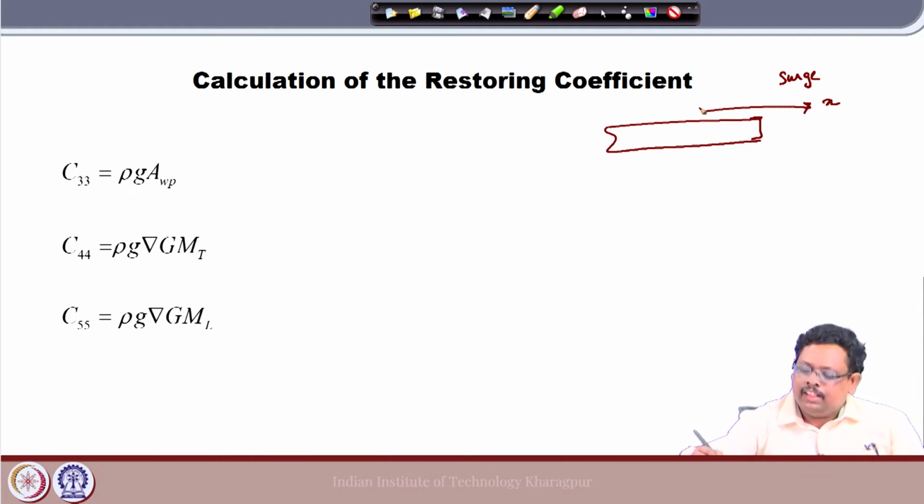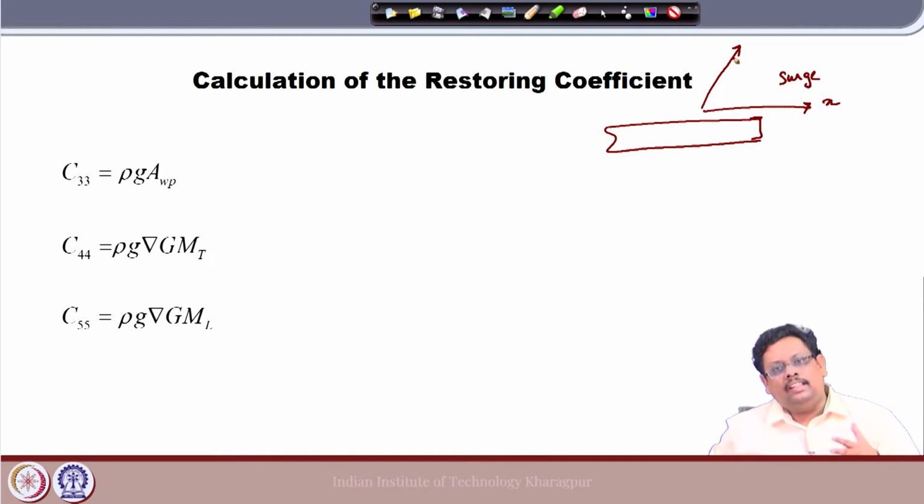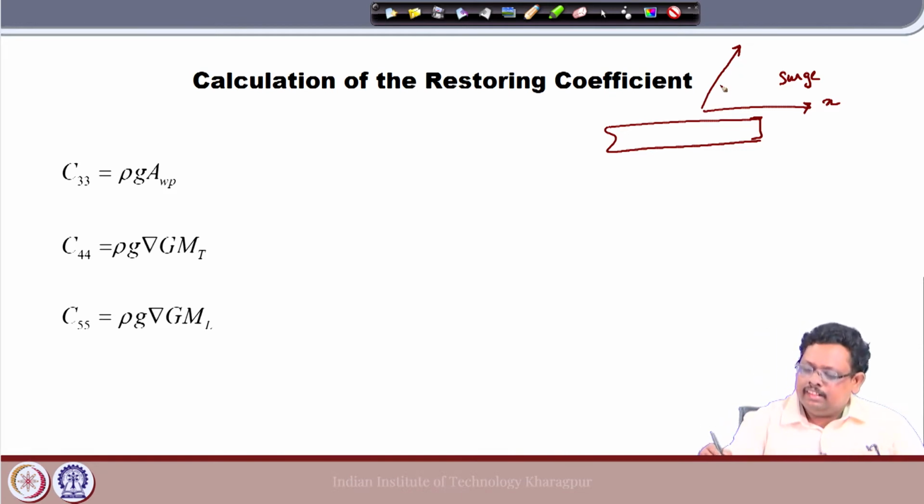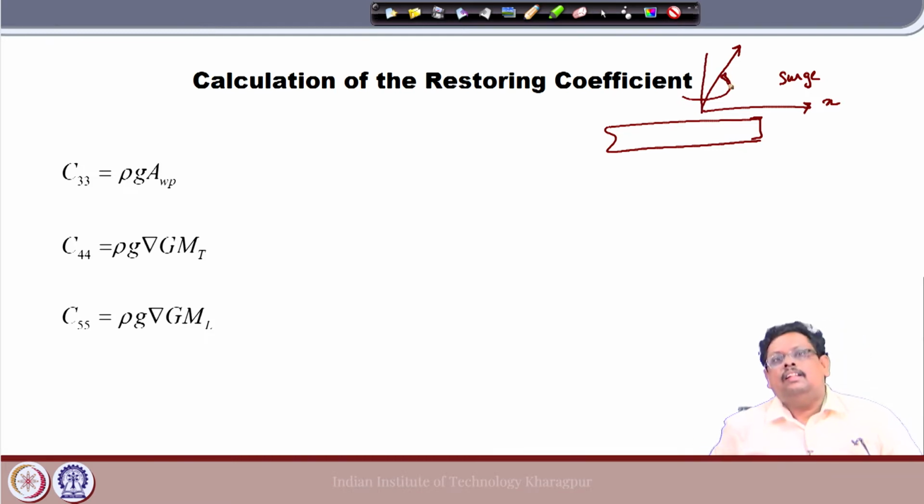Similarly, if it moves along the y direction, slowly drifting along this axis, there is no force which pulls it back. Eventually, if you rotate about the vertical z axis, it just rotates this way, and really there is nothing to stop the ship.